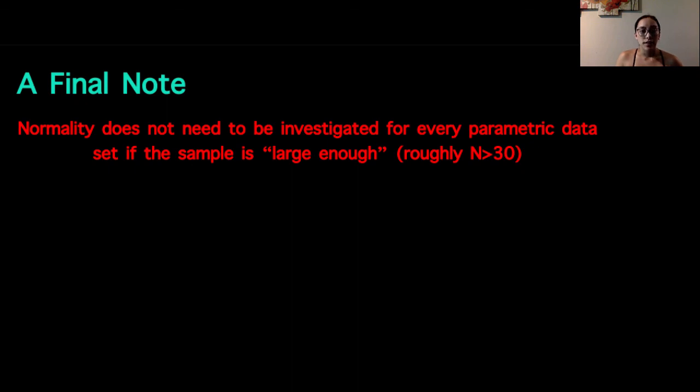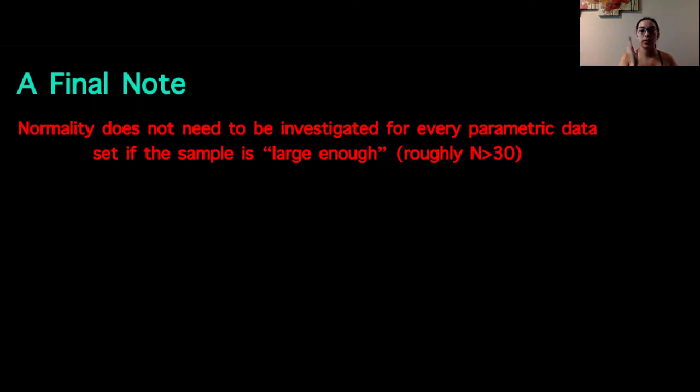As a final note, normality does not need to be investigated for every parametric data set if the sample is large enough. So remember that we said, based on the central limit theorem, that if you have about 30 to 40 subjects, usually in a normal population, you would automatically start seeing that you get a normal distribution shape if you have a sample size of 30 or larger.